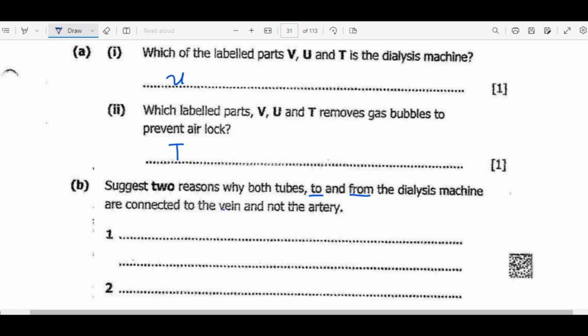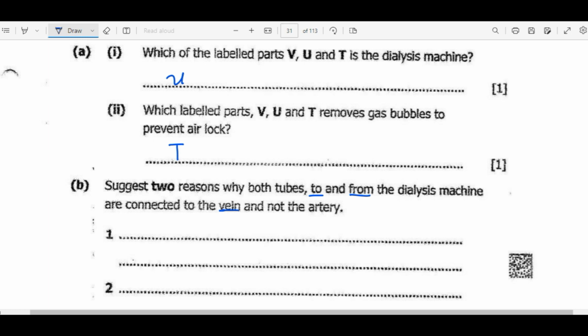The nature of the vein plus the type of blood it carries will help you see why a machine is connected to this. Then the artery: the structure, the location, and also the materials found in the blood carried by an artery assist you to see why that is not connected to an artery.